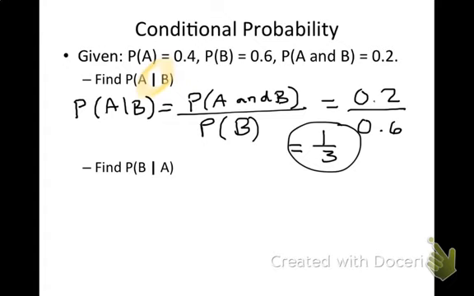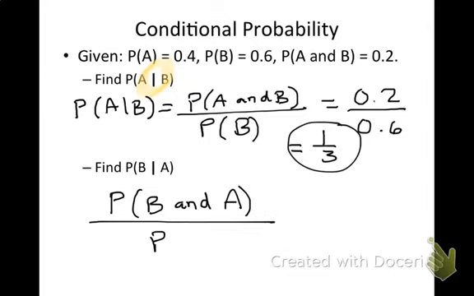Now for the second one, you notice the difference. What's the probability of B given A? So for that one, you still have the probability of B and A, which is the same thing as A and B, doesn't matter. I'm just putting it in order.